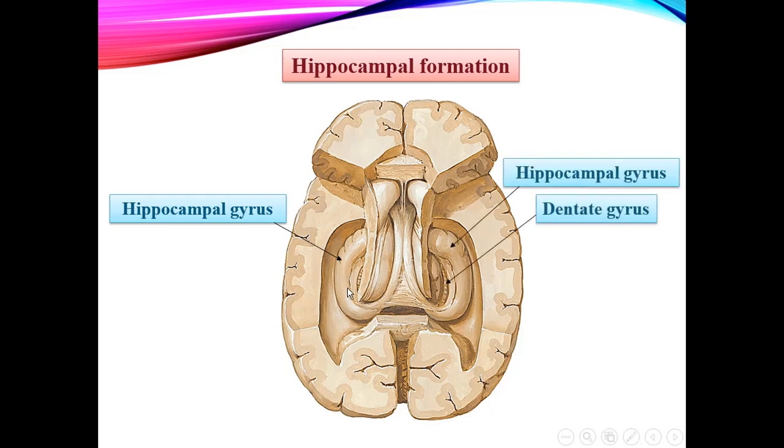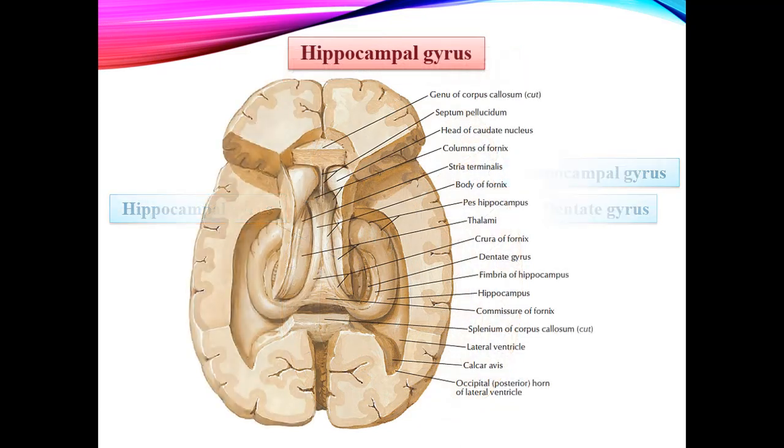Okay, the hippocampal formation is located within the lateral ventricle. This is the space around the hippocampal gyrus, the lateral ventricle, containing CSF or cerebrospinal fluid.